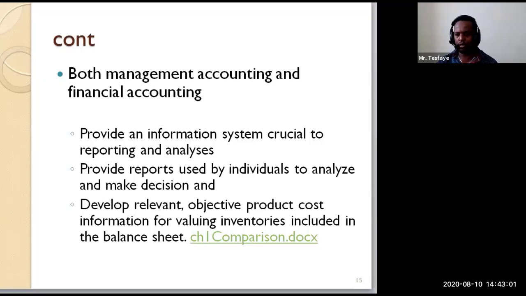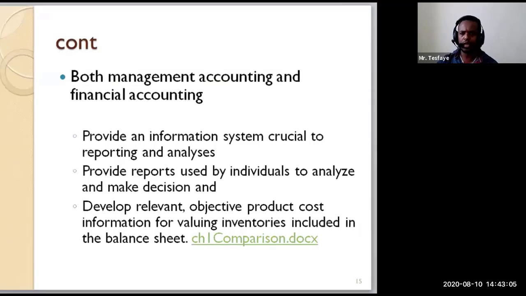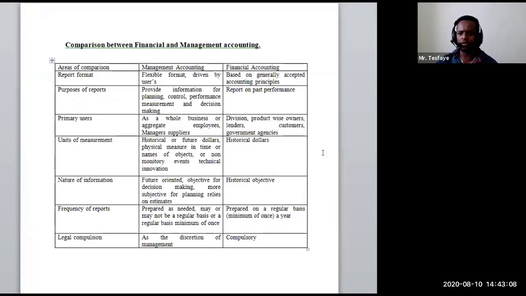So these are the similarities, but let us see their differences. This table will show us the comparison of financial and management accounting. Their differences will be seen clearly on this table. So areas of comparison, here management accounting, financial accounting.